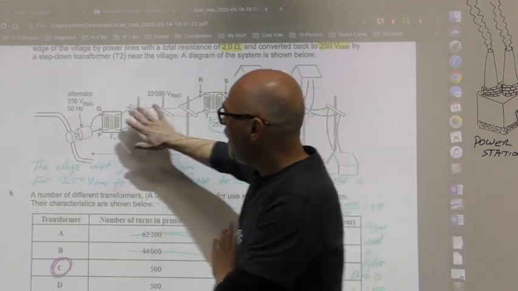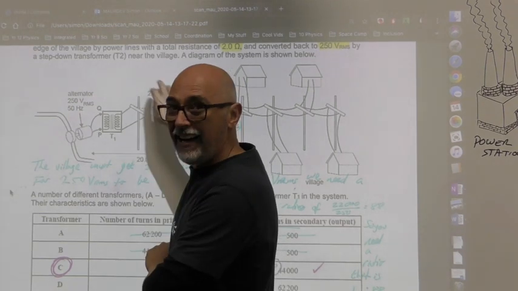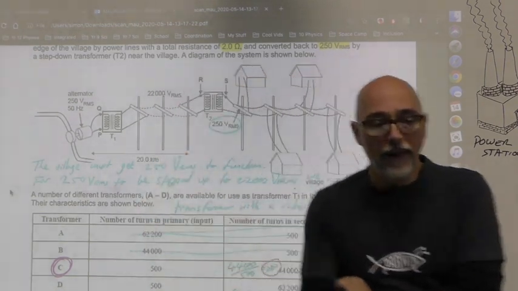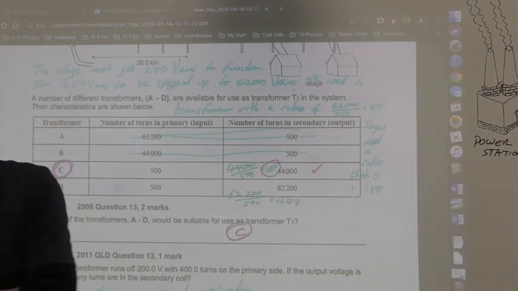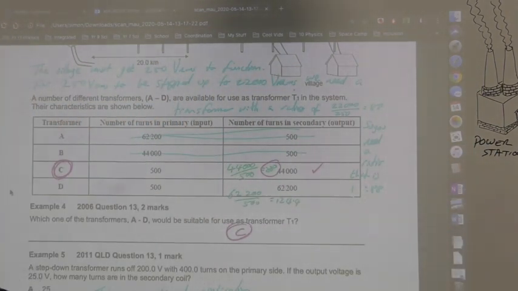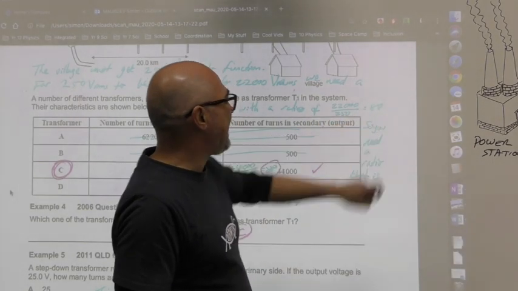All they're talking about is to get 250 volts in and then 22,000 volts out, what kind of transformer out of these do you need to use? How do you know? Well, you need to know what the ratio is. So how do you figure out the ratio? Well, if 250 went in and 22,000 came out, 22,000 divided by 250 is 88 to 1.